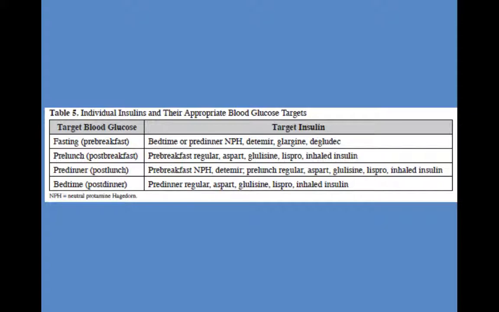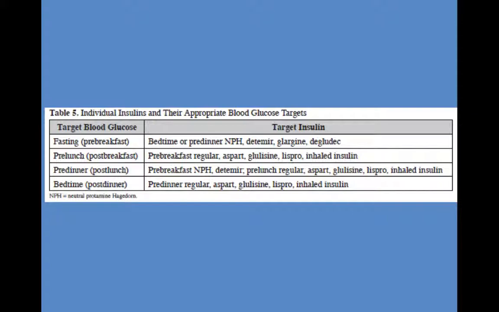So here is a little chart that shows what blood sugar you're targeting, what insulin you might want to give. So the left column is the blood sugar that you're checking. So what it means is, say the top line, let's say I'm targeting my fasting or pre-breakfast blood sugar.